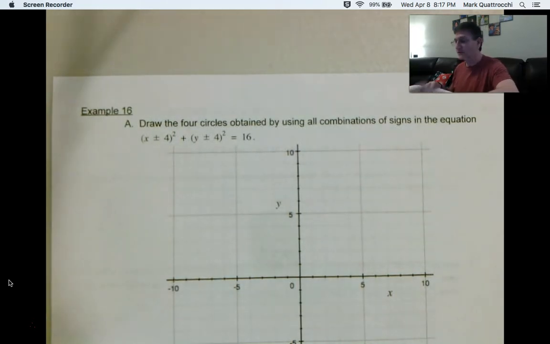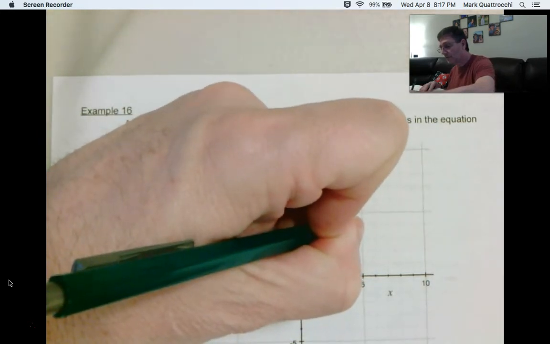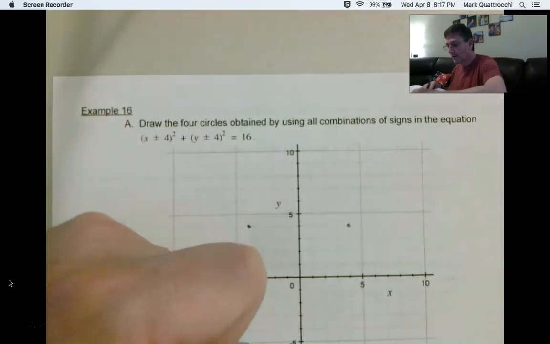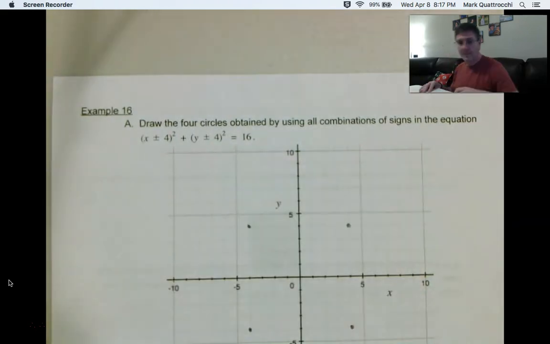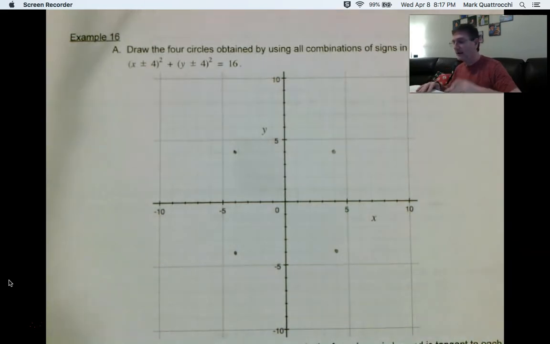All these different combinations. Basically what we get are the centers (4, 4), (negative 4, 4), (negative 4, negative 4), and (4, negative 4). And all 4 of these circles have radii of 4.